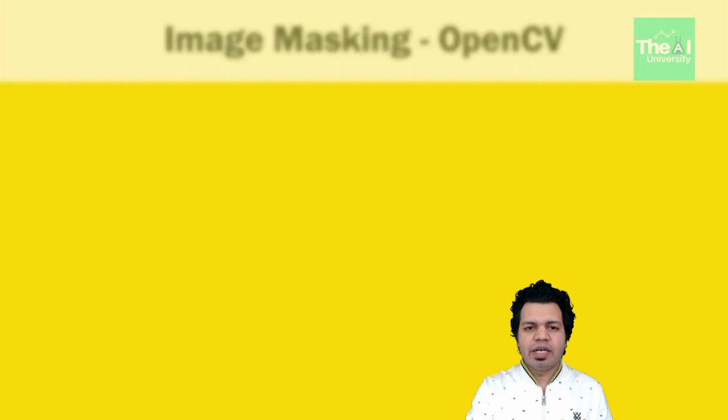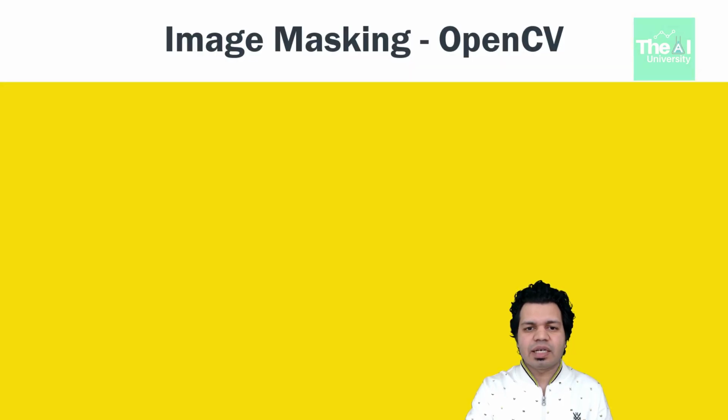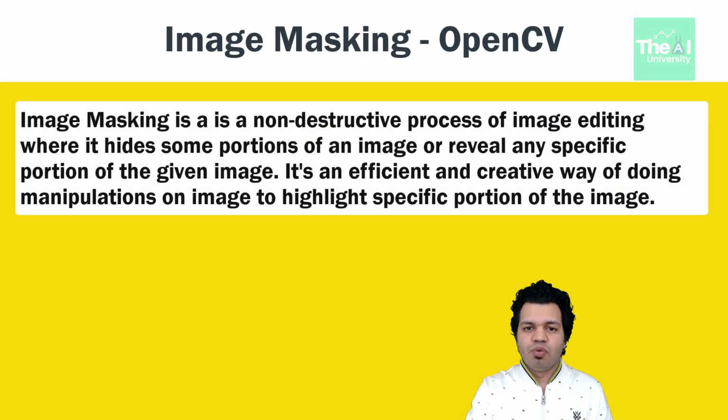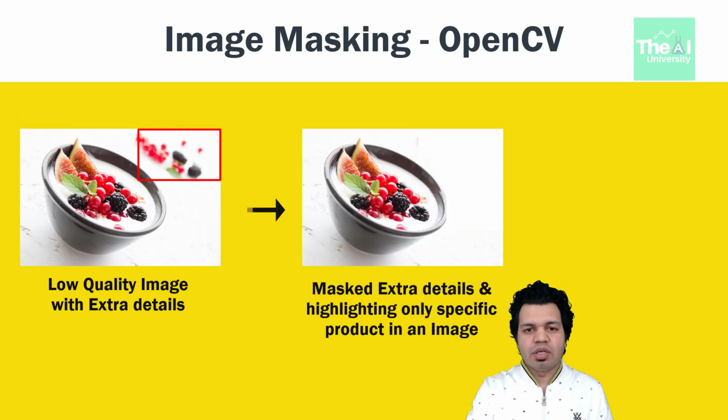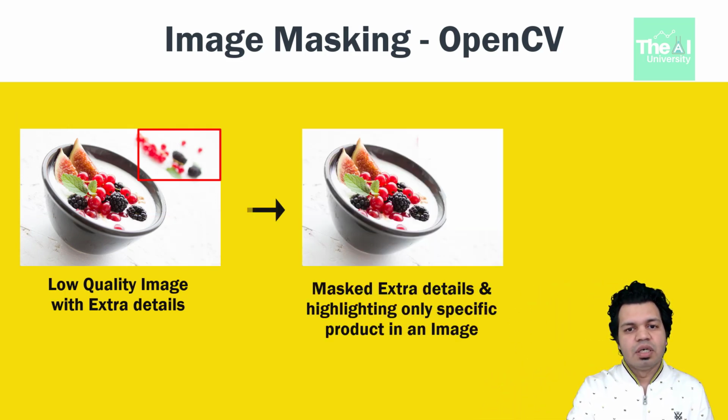So now let's move ahead and understand what exactly image masking is. Image masking is significant when you need to improve the image quality. For example, retailers showcase their products on their websites so that customers can buy those products like shoes, apparel, electronics, etc. Now, if the images of the products are of low quality, then chances are that customers might not click on them.